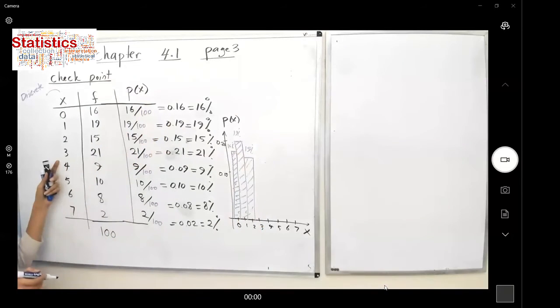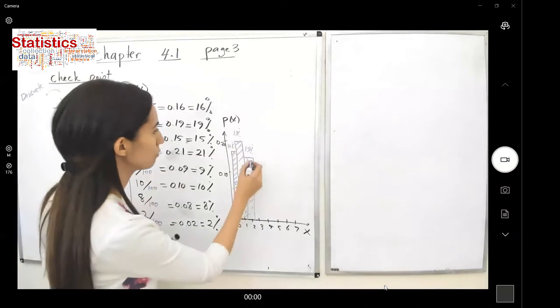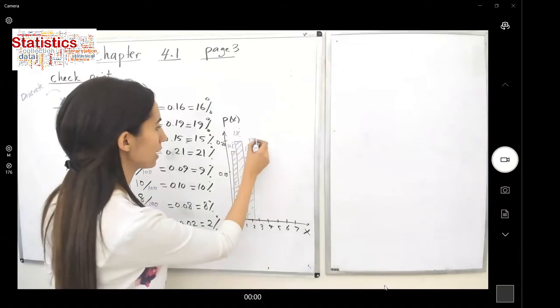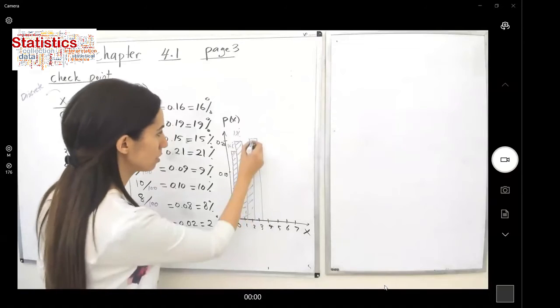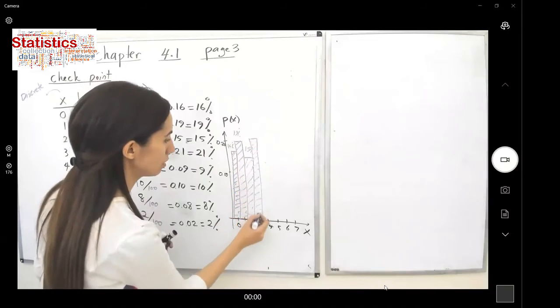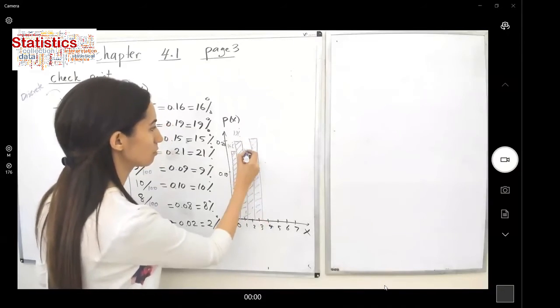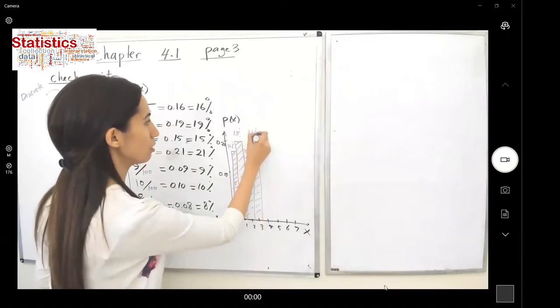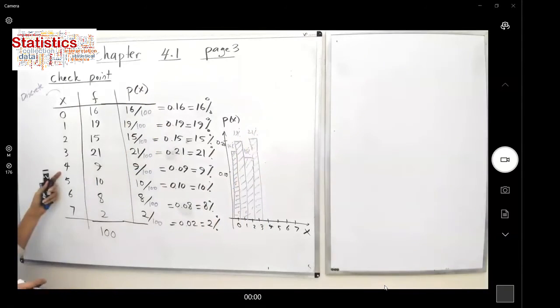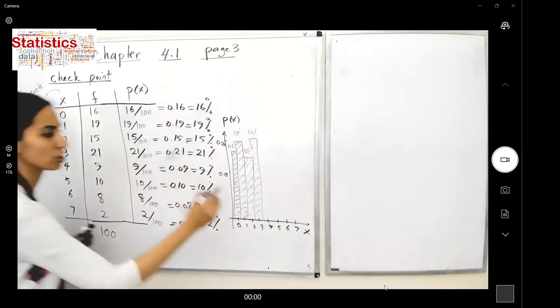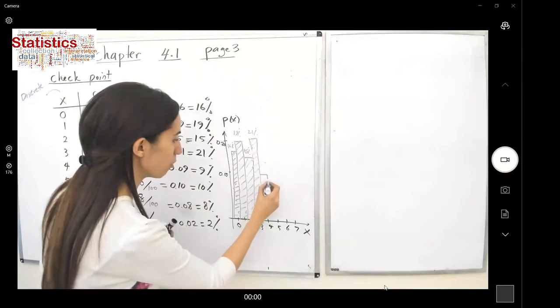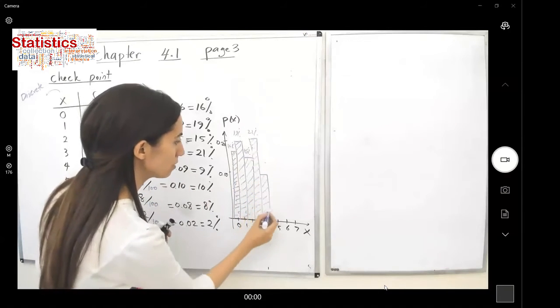The probability of x equals 3 is 21%. Okay, 21%. So we can scale that up here. This is 15%. 21%. The probability that x is equal to 4 is just 9%. So we're going to stop the bar here. 9%.